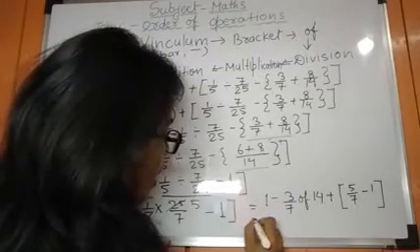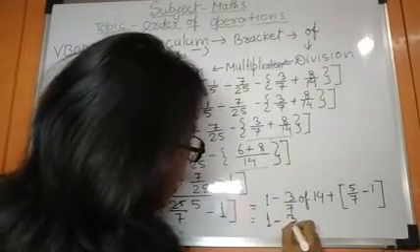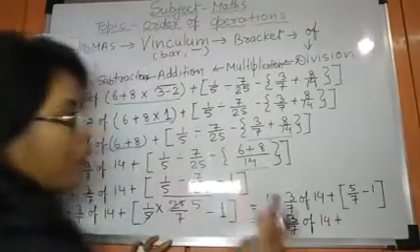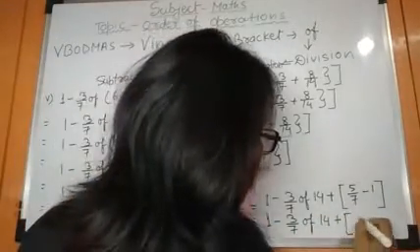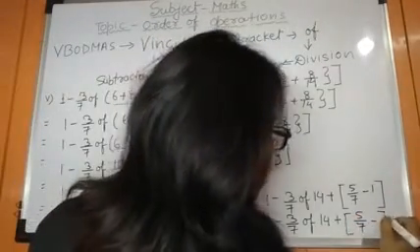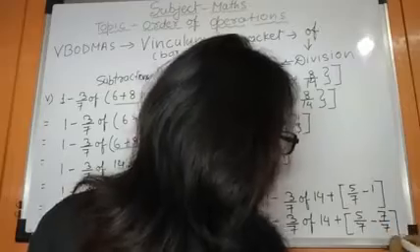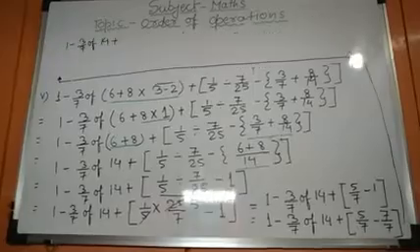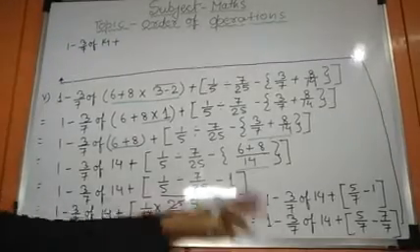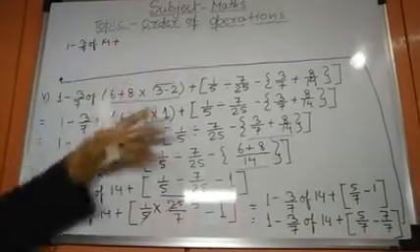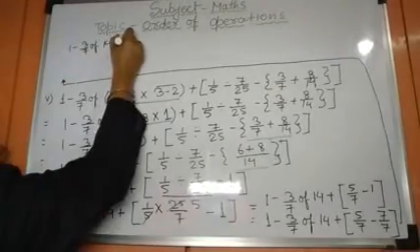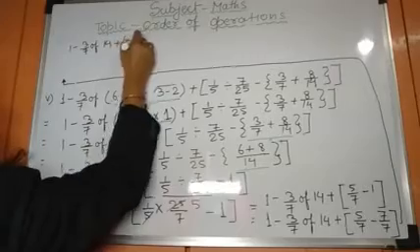So what will we get? 1 minus 3 upon 7 of 14 plus 5 upon 7 minus 1, where 1 can be written as 7 upon 7 also. Fine. Now I have to open the bracket. So 5 upon 7 minus 7 upon 7, that is minus 2 upon 7.